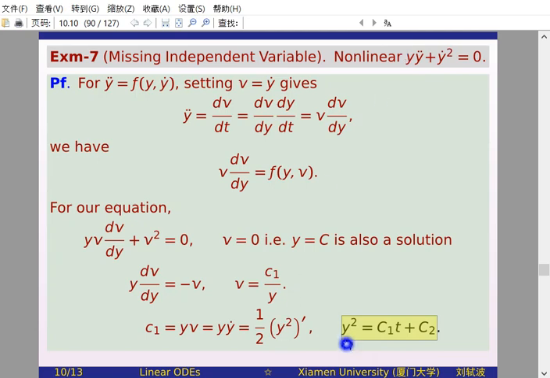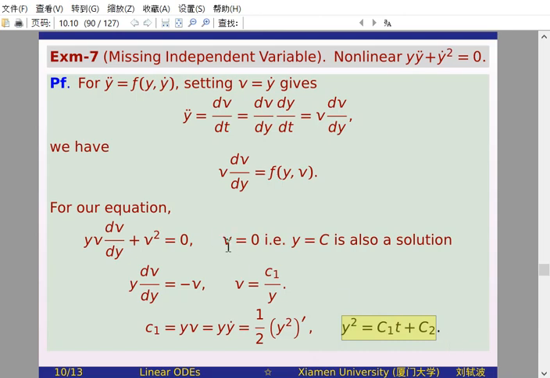Of course, this solution is an implicit solution, because we do not have y equal to something. Instead, we have an equation containing t and y, which implicitly determines y as a function of t. This function is the solution of our equation.